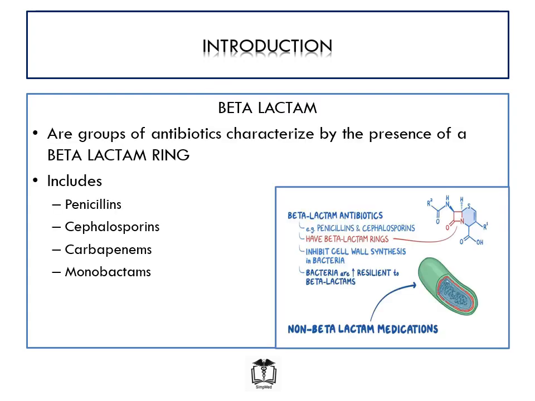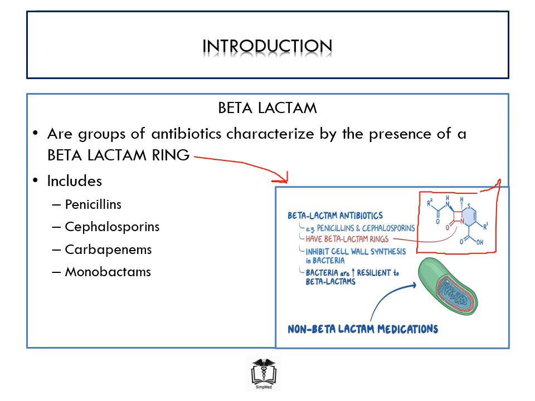Now, beta lactams are groups of antibiotics that are characterized in terms of their chemistry by the presence of a beta lactam ring. If you look closely at the image just below, you notice that we have a drug, one of the examples of a beta lactam antibiotic. What you notice about the chemistry of any beta lactam antibiotic is that somewhere in the chemistry there is a box-shaped ring that tends to form part of the chemistry of that drug.